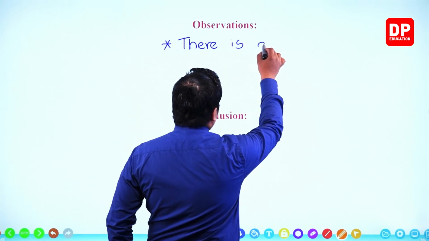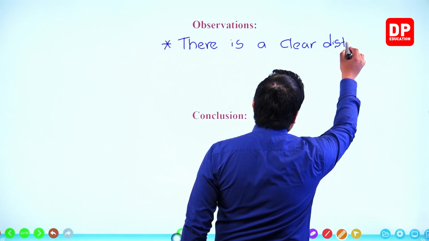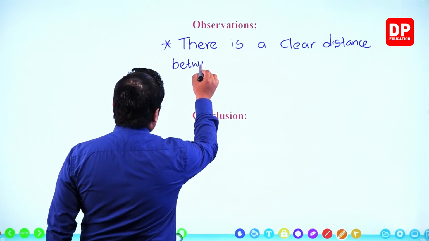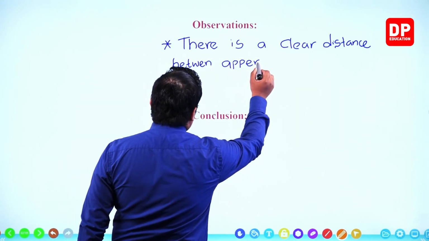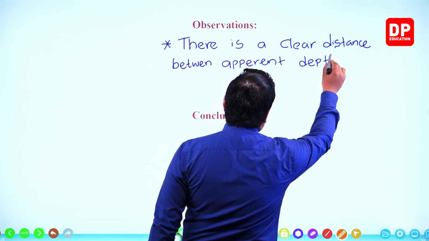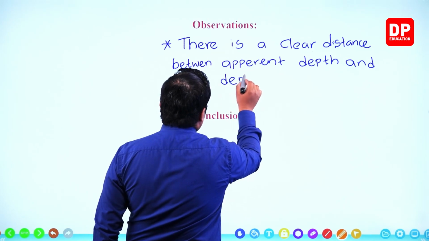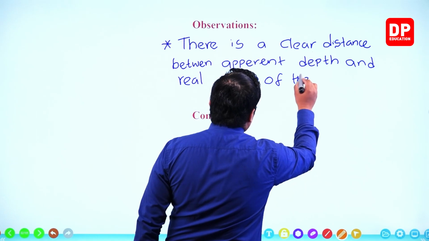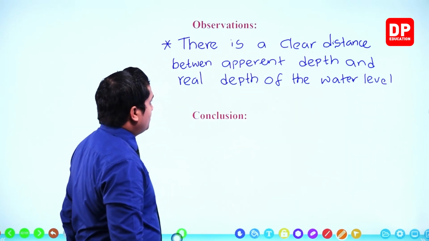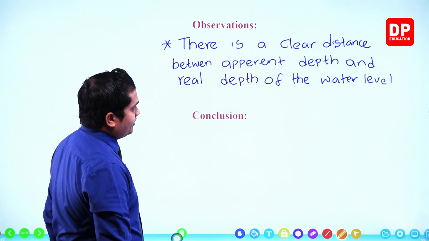There is a clear distance between apparent depth and real depth of the water level.